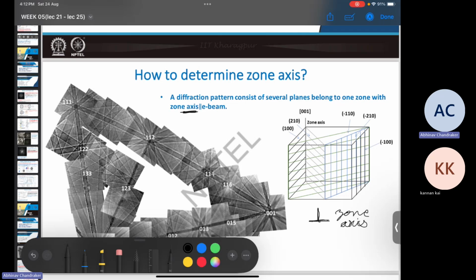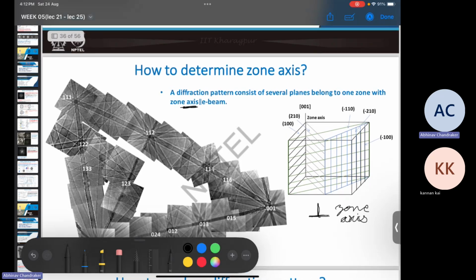For example, if you have a crystal and you have the 0, 0, 1 direction in that crystal parallel to the electron beam, then you say that the zone axis for that particular orientation of the crystal is 0, 0, 1, and all the planes which have their normals perpendicular to the zone axis, which is 0, 0, 1 here, will be called planes of this 0, 0, 1 zone.